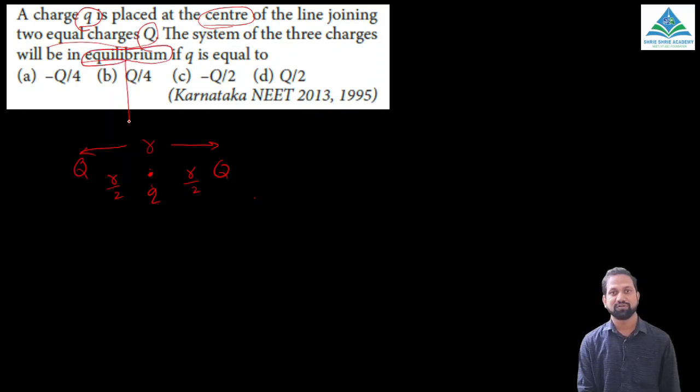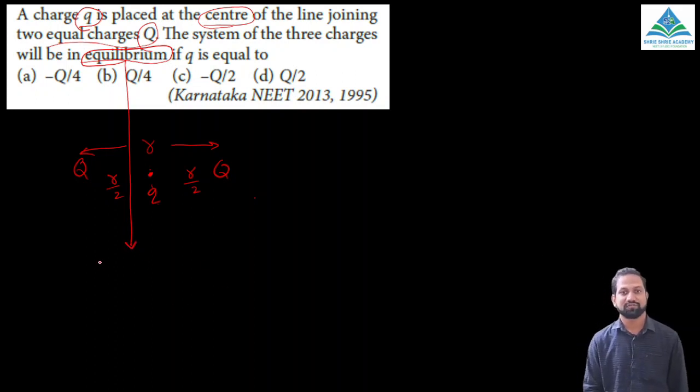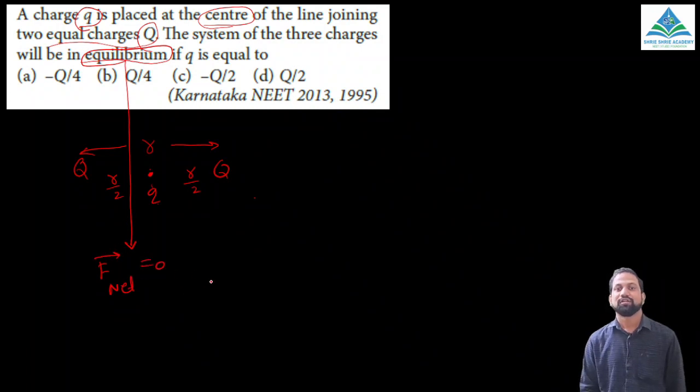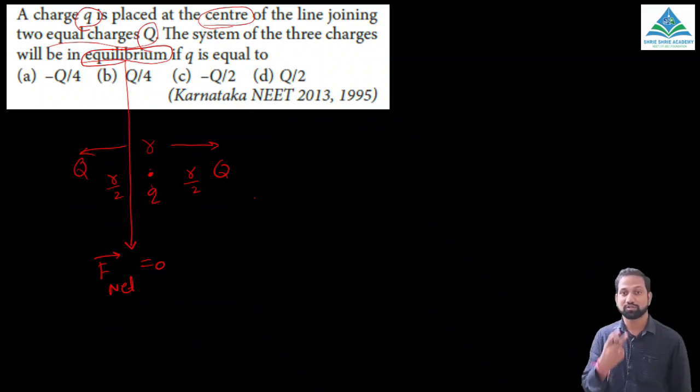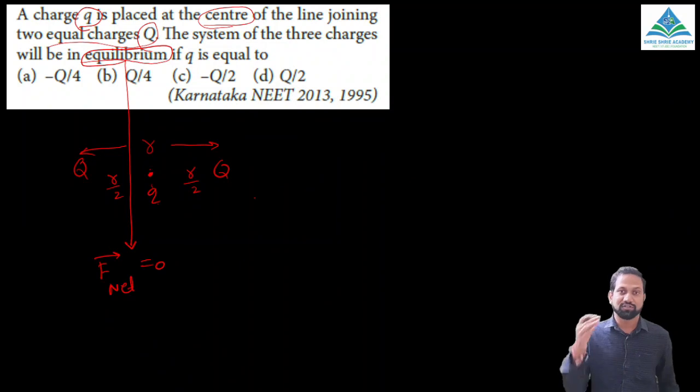What is equilibrium first of all? Equilibrium stands for the net force acting on the system being 0. I am talking about the system. System stands for the two charges, and with the third charge we are introducing, there will be a total of 3 charges.